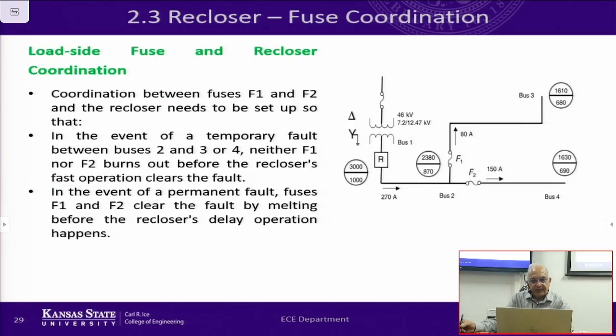Now we want to select the fuses F1 and F2 to coordinate with the recloser. We already have picked our fuse right here. It's done. We have the recloser. Now we want to pick the fuse here and this fuse so we can get proper coordination. So let's move on.